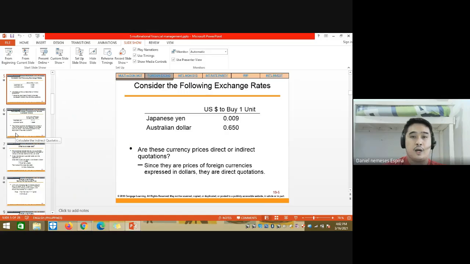We have to observe also the exchange rates because in the accounting standards, particularly in the IFRS, we must translate or convert those currencies to the home currency, or to the currency of the country in which you are submitting your financial reports.